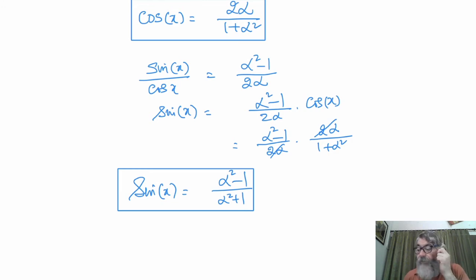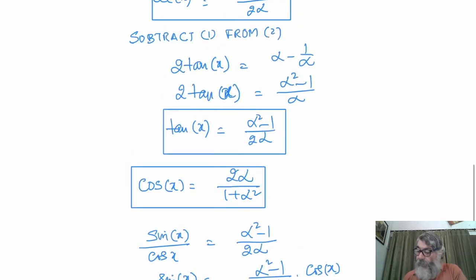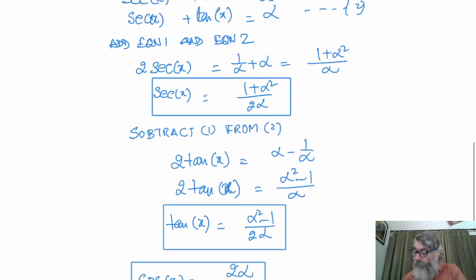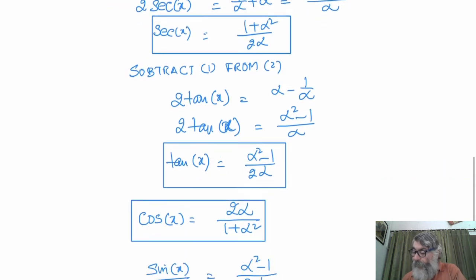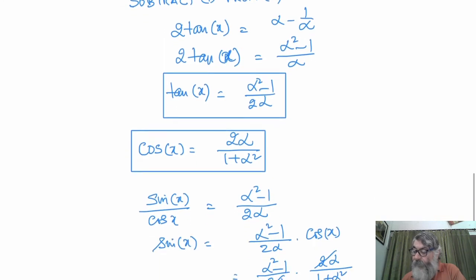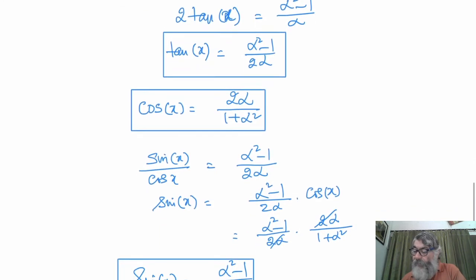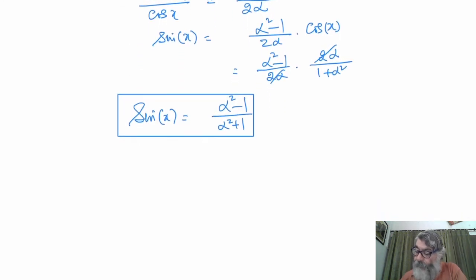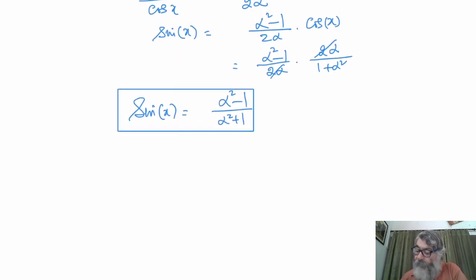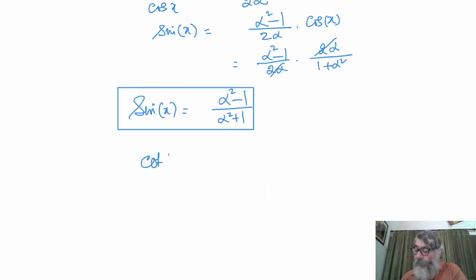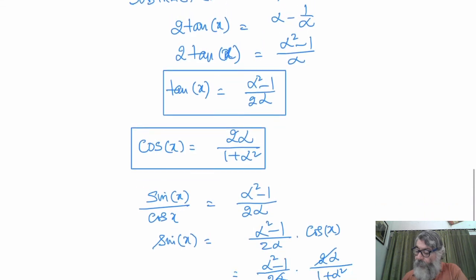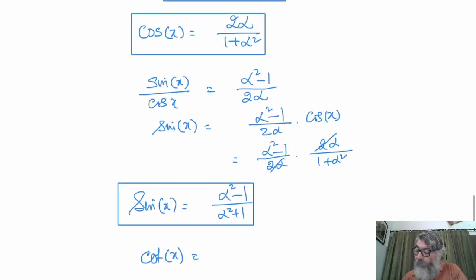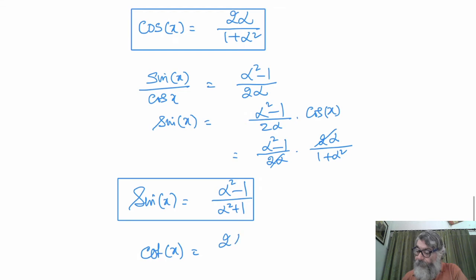So we got the value of sec x, tan x, cos x, sin x, and we have to find the value of cot x. So cot x is just 1 upon tan x. Tan x is, okay, it will become 2 alpha upon alpha square minus 1.